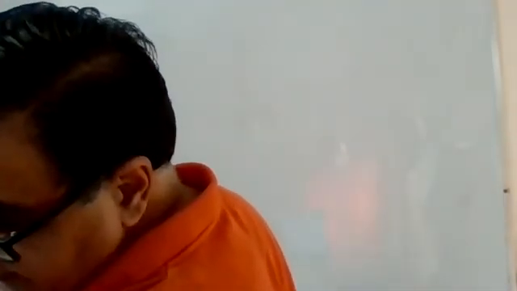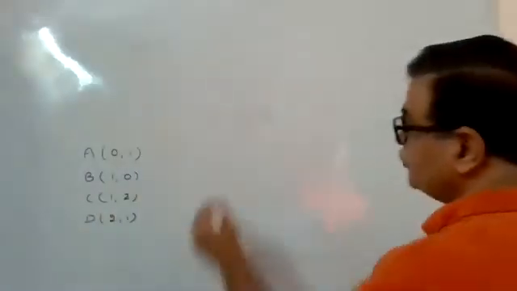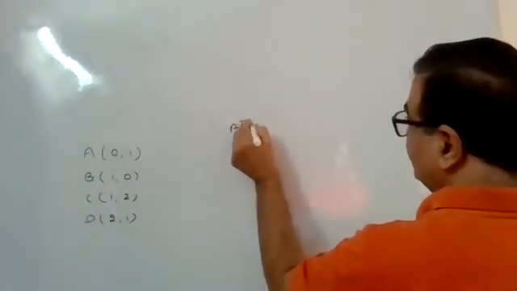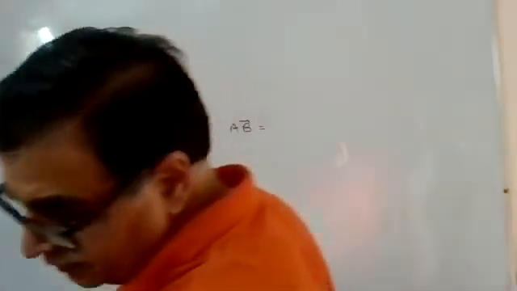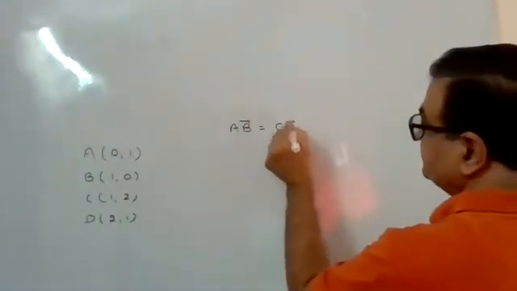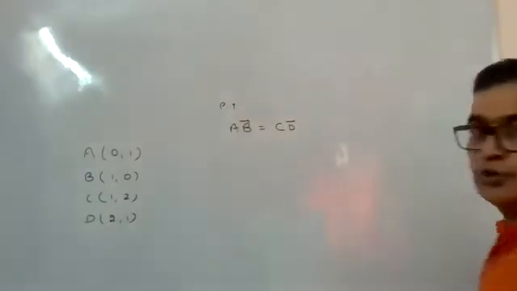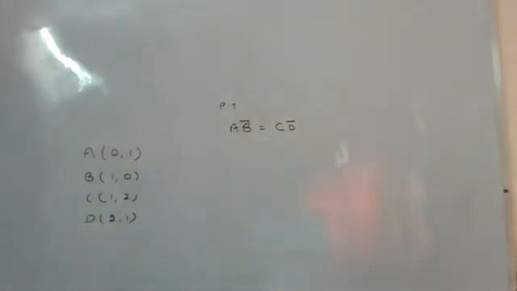Then the question is, you have to prove that AB vector is equal to CD vector.